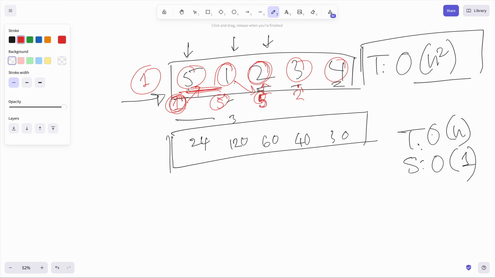For 3, this is going to be 10, because we are multiplying 5 with 2. And for 4, this 10 is multiplied by 3, so this is 30. So this is the forward pass of the algorithm, and in the backward pass, we have to find the products of all the values after each one.